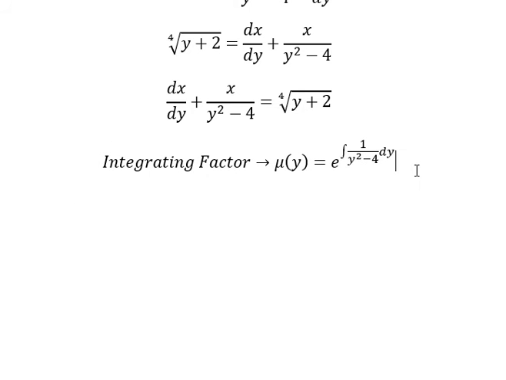Now, y squared minus 4, we can put into y minus 2 multiplied by y plus 2.